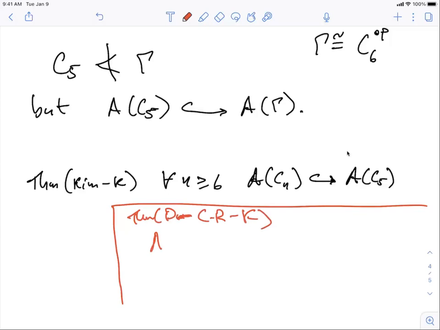They say that if you take A of C5, then this embeds inside of A of, you take a path on like 8 vertices, I think was enough, either 7 or 8, but 8 is definitely enough. And then you take the opposite graph of that, then there's an embedding like this. And this is a counterexample to that conjecture.